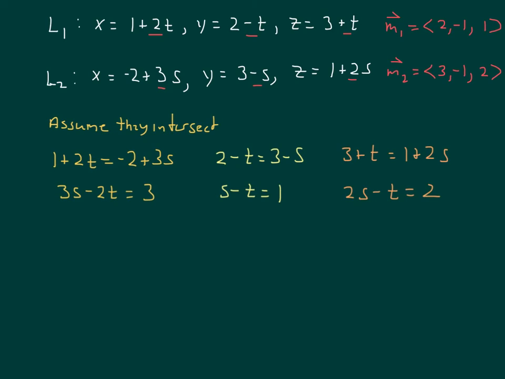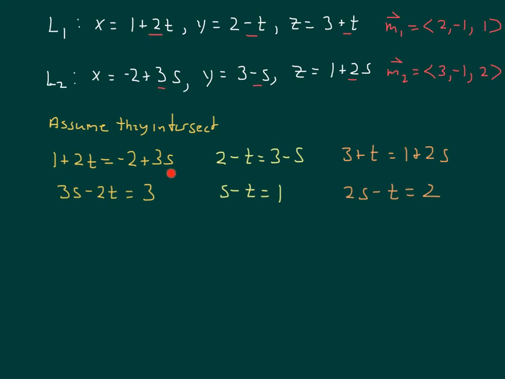And when I do that, what that means is that if they intersect, there is some point at which the x, y, and z components are going to correspond. So that there's some value for s and t such that this 1 plus 2t would equal -2 plus 3s.